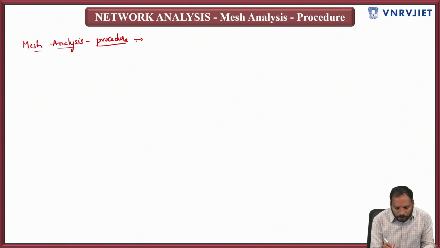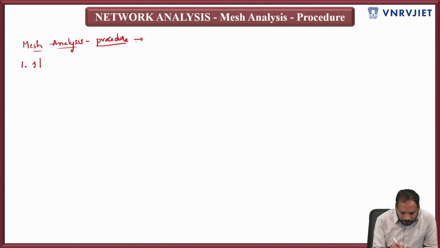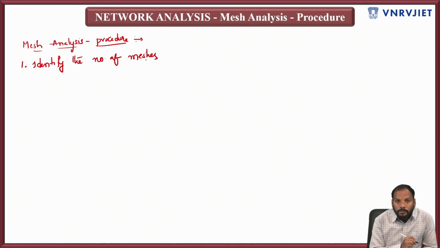Whenever the circuit is given, in nodal analysis you first identified the number of nodes. Now what you have to do is identify the number of meshes. Once you identify the number of meshes, you indicate the mesh currents.